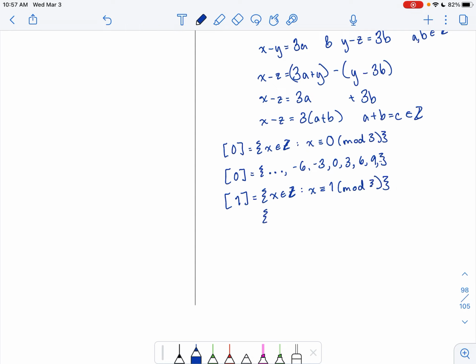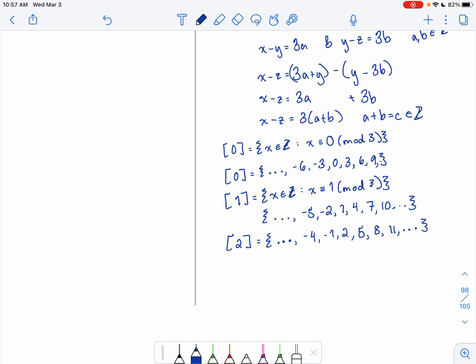So in this case, that would be negative 5, negative 2, 1, 4, 7, 10, etc. And 2 would be the remaining section of the integers. So negative 4, negative 1, 2, 5, 8, 11.